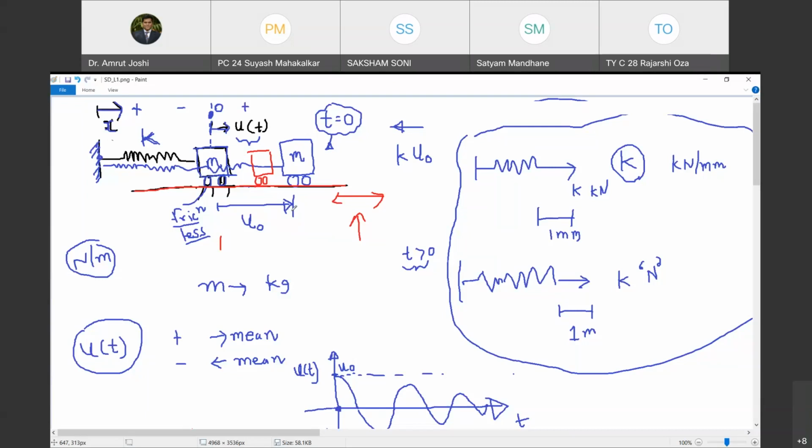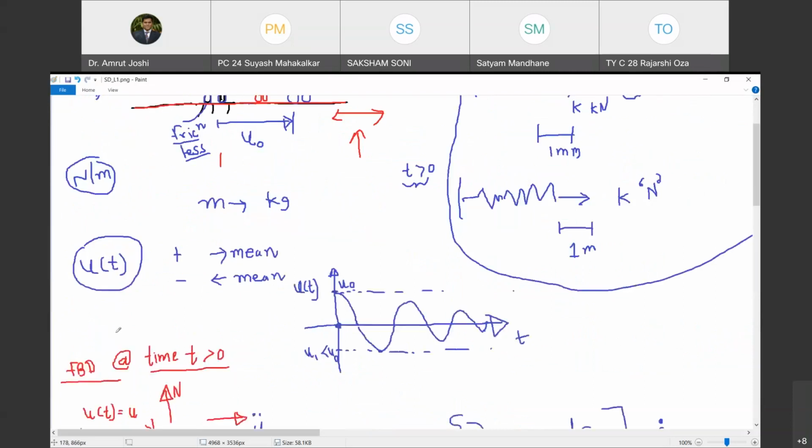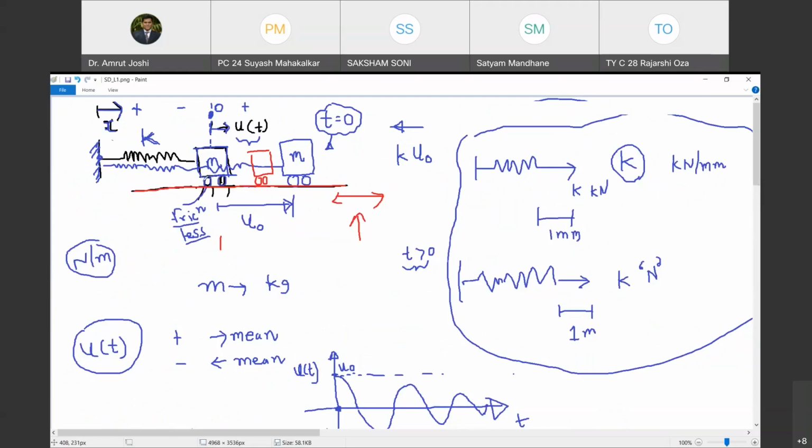So for such a building, we must ensure that in the event of an earthquake or any other dynamic load, the acceleration is kept in check. Are you with me? Yes, sir. So there are multiple reasons, to which we will come back a little later. But we are always interested in finding out position, velocity, and acceleration of this mass m. Are you with me? Okay, sir.